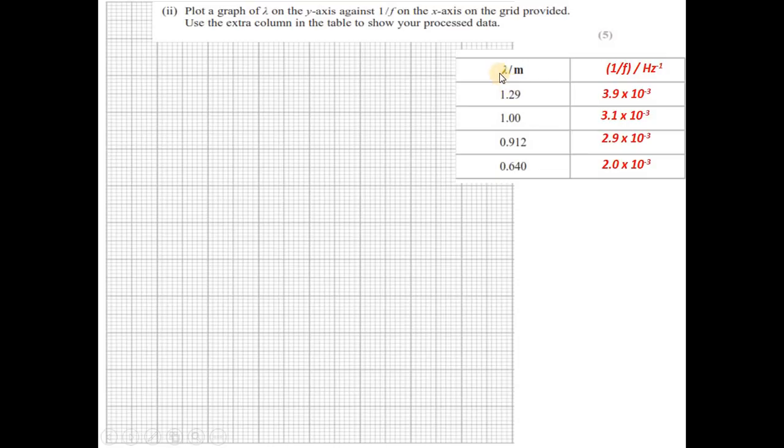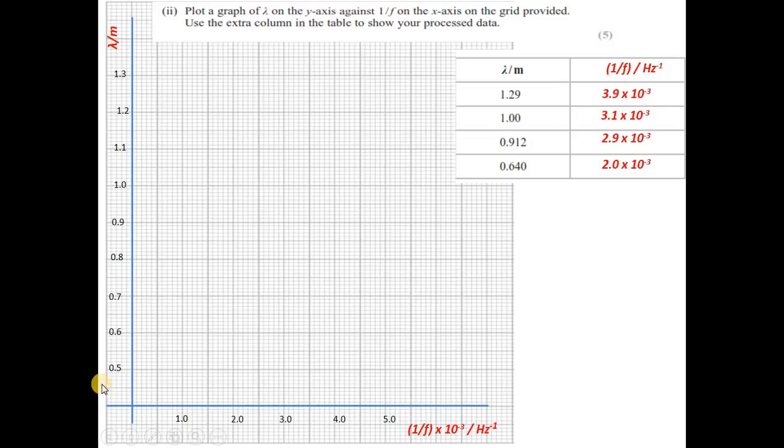So you can plot the graph with lambda on the y-axis and 1 upon f on the x-axis. This is your grid. This is lambda, and from 0.5 till 1.3 I am taking this 1.29 and 1.5 times 10 to the power minus 3. If you plot the graph of lambda against 1 upon f, you have these 4 points, 1, 2, 3, 4, and after that you need to plot a best fit line.